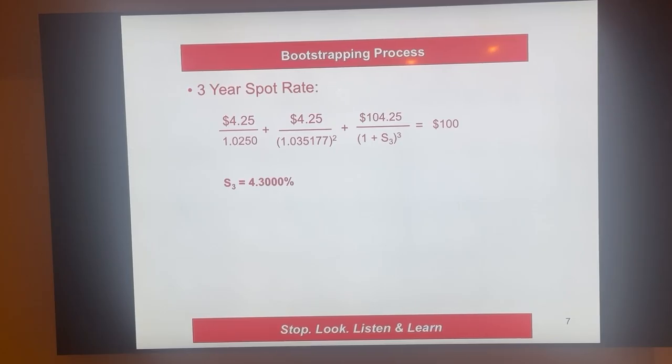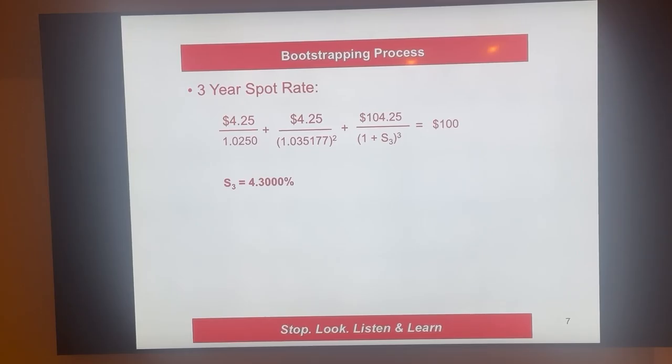At the end of year 2, it would pay another coupon of $4.25, and when it matures at the end of 3 years, it will pay a coupon of $4.25, plus it will repay the principal. So you get a total cash flow of $104.25.